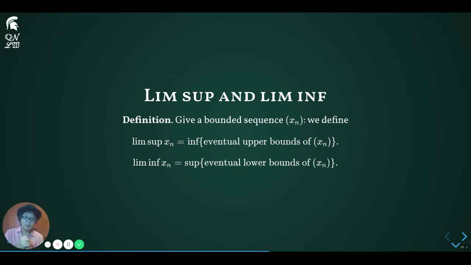So the set of all eventual upper bounds is a non-empty set and is bounded below, and so by the greatest lower bound property, its infimum exists. Similarly, the set of all eventual lower bounds is a non-empty set that is bounded above, and so by the least upper bound property, its supremum exists.